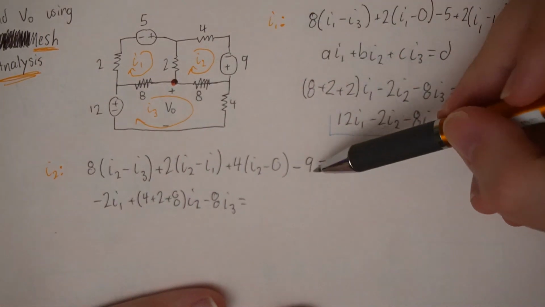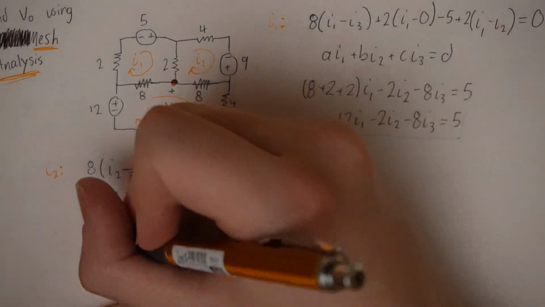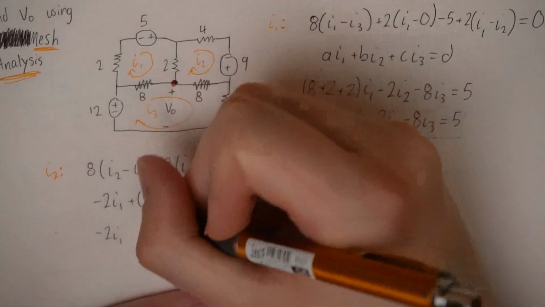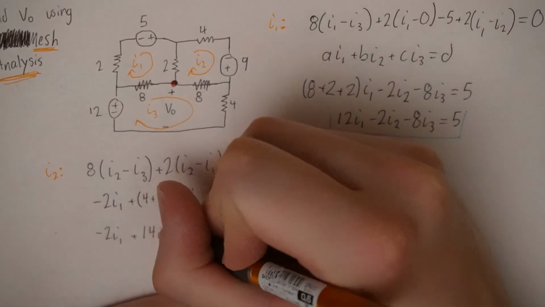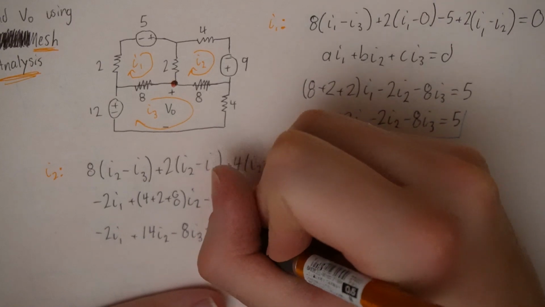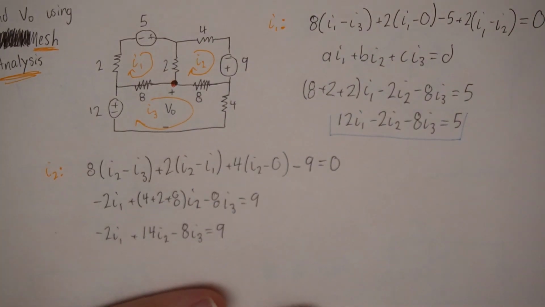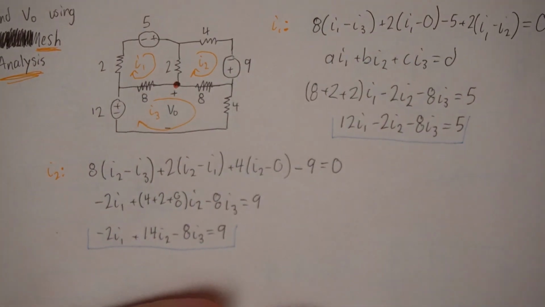And now there's this constant from the voltage source. That goes to the other side. Simplifying this, minus 2 I1 plus 14 I2 minus 8 I3 equals 9. And that's my second equation.